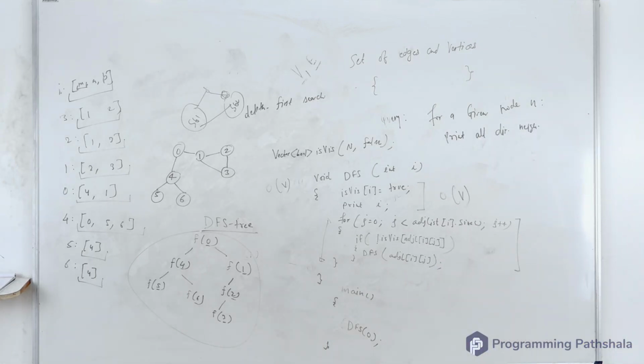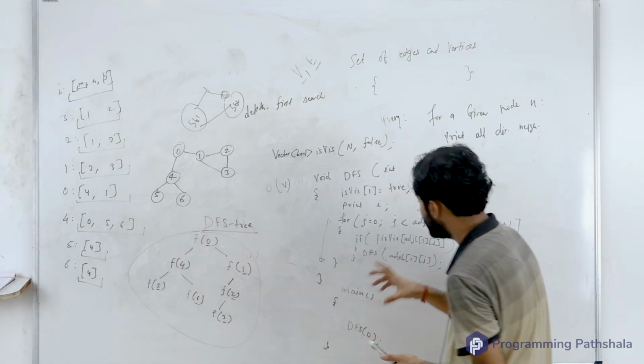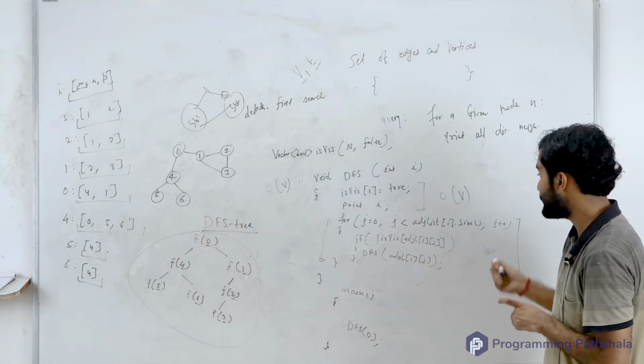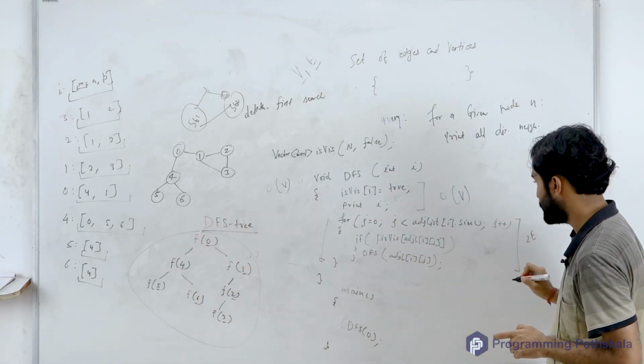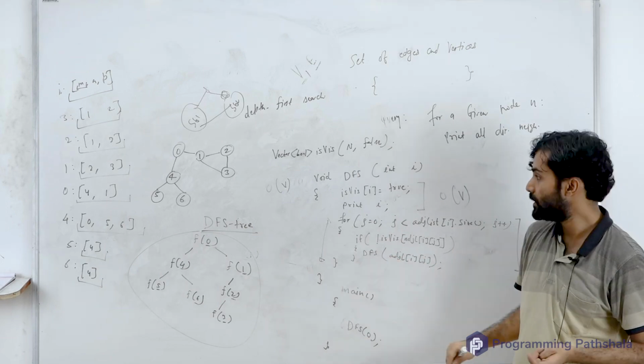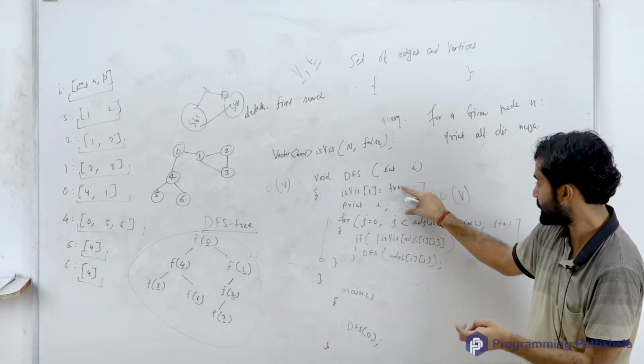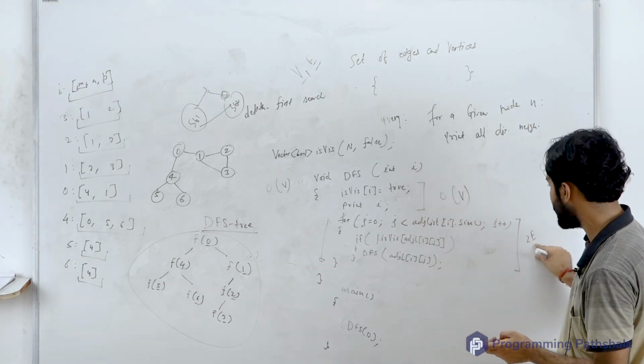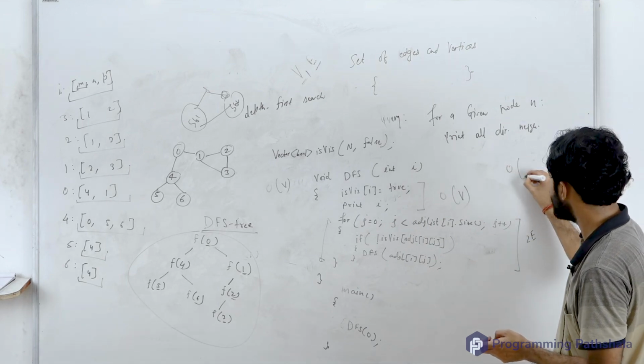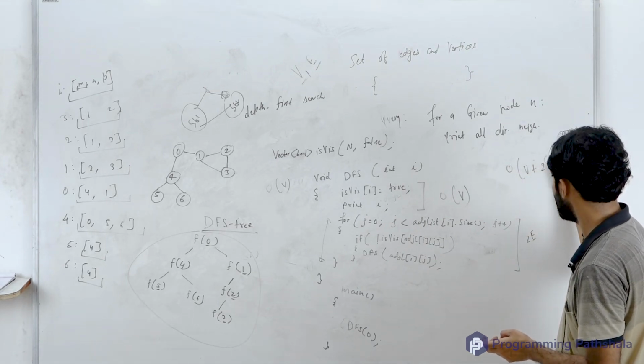That is 2 into E. So I can say that in this entire process, this piece of code would have got executed 2E times. Is there any other piece of code? No. So in the entire process, this instruction executed V times and this instruction executed 2 into E times. So I can say that this is order of V plus 2 into E, right?